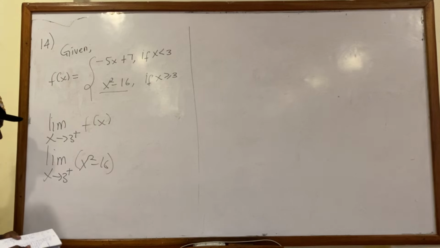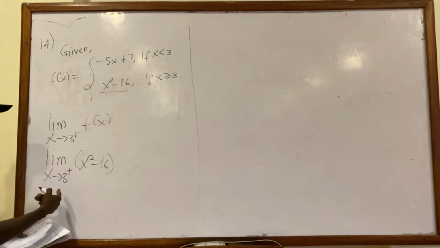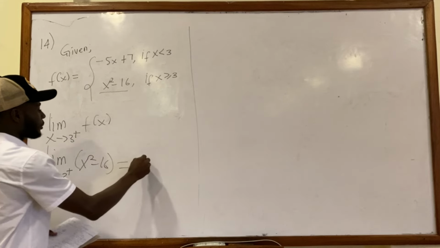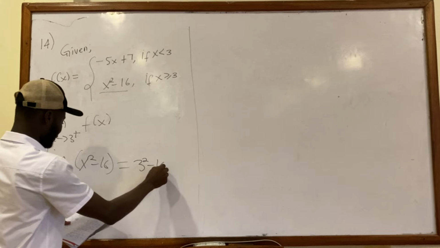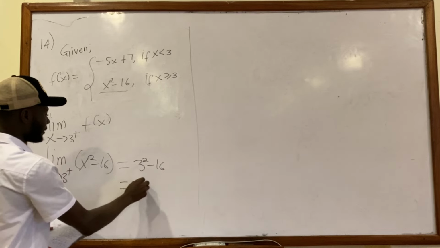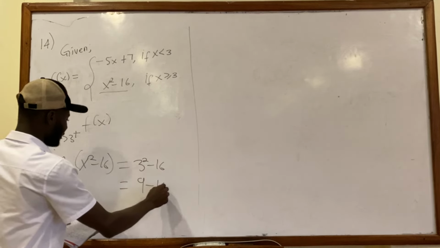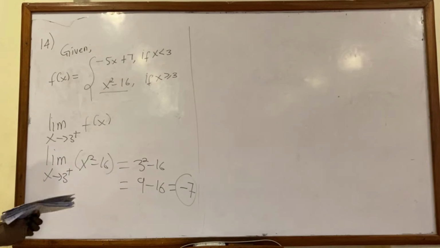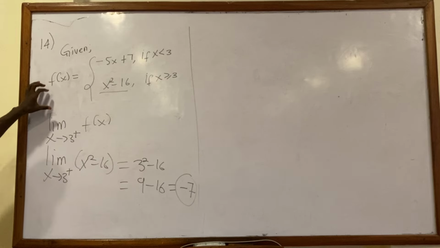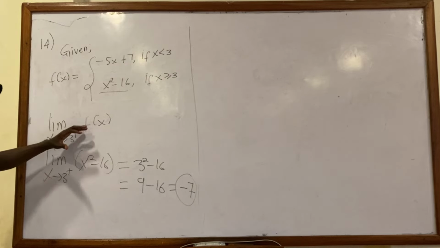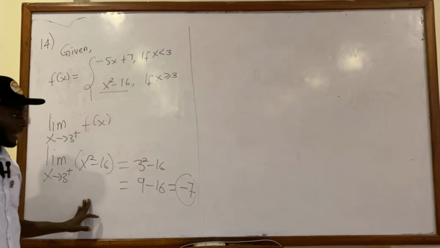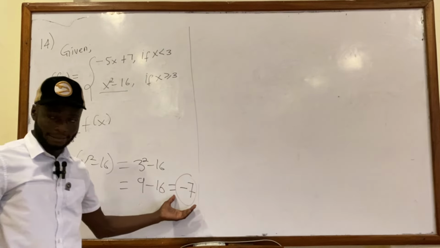Putting in the limit as x approaches 3, we have 3 squared minus 16, which is 9 minus 16, equal to minus 7. So the limit of this function as x approaches 3 from the positive side is minus 7.